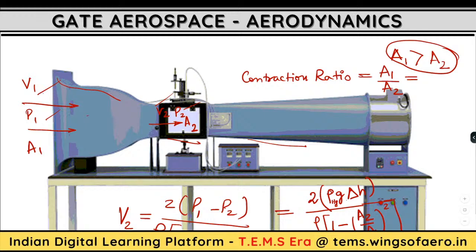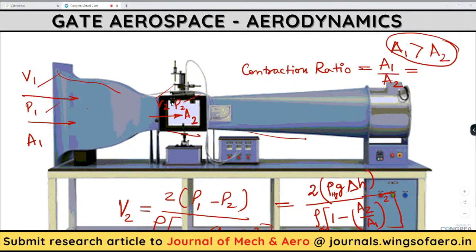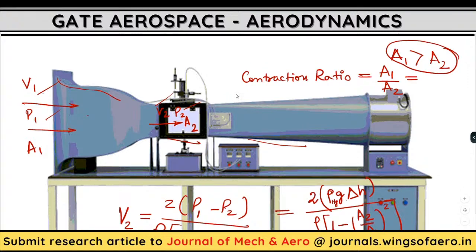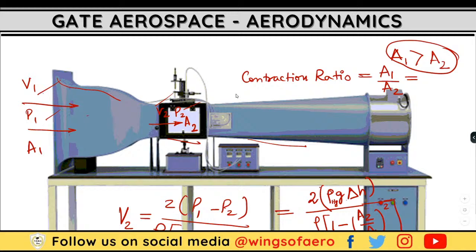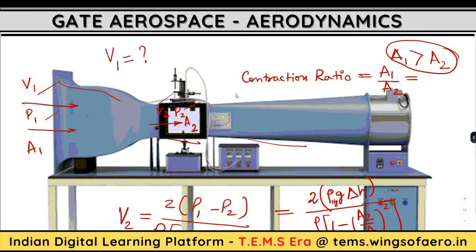Alright. So please note down the formula. From there you can also write it in terms of V1. Now we know that this is V2, and V2 is for the test section.